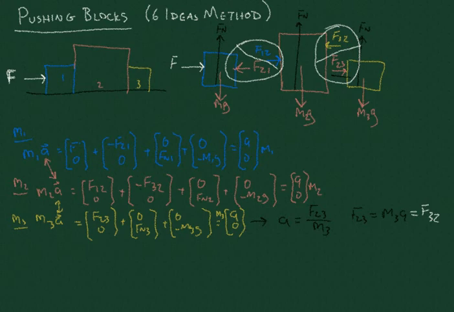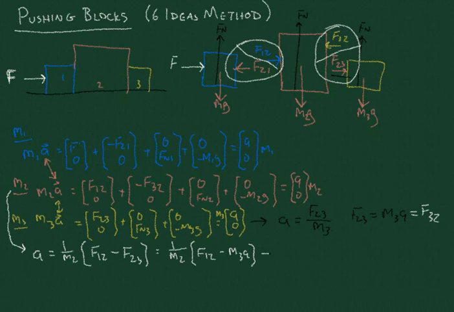So now we can go back to our second equation, and we can say, well, this means that a is 1 over m2 times f12 minus f23, which is equal to 1 over m2 times f12 minus m3a, or in other words, f12 is equal to m2 plus m3 times a. And of course, this is equal to f21.